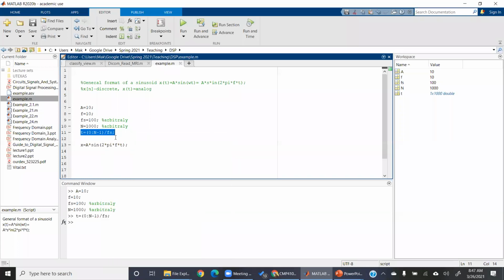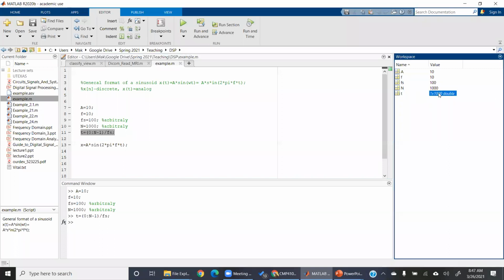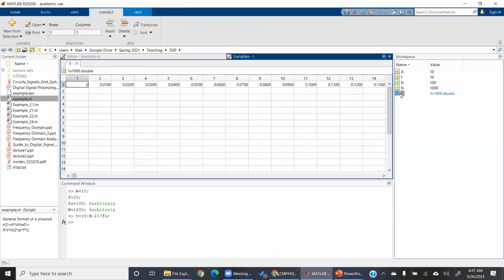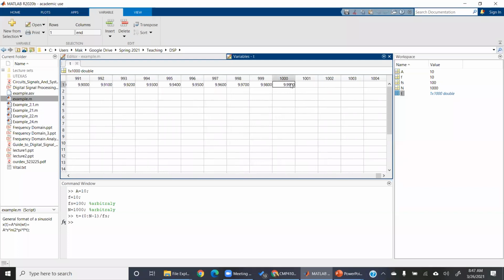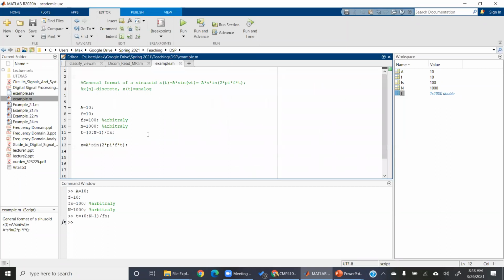It gives us a vector of 1,000 points as we had defined, and you can see what is in there. The last value happens to be 9.99. I can ask you why that is so, but that's a question for later.